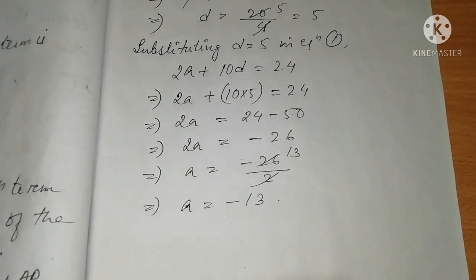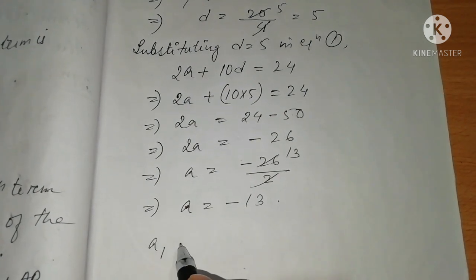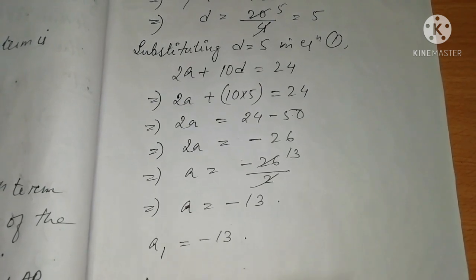So if A is minus 13, that means your first term is minus 13. So first term we got it as minus 13. That means A1 is minus 13.